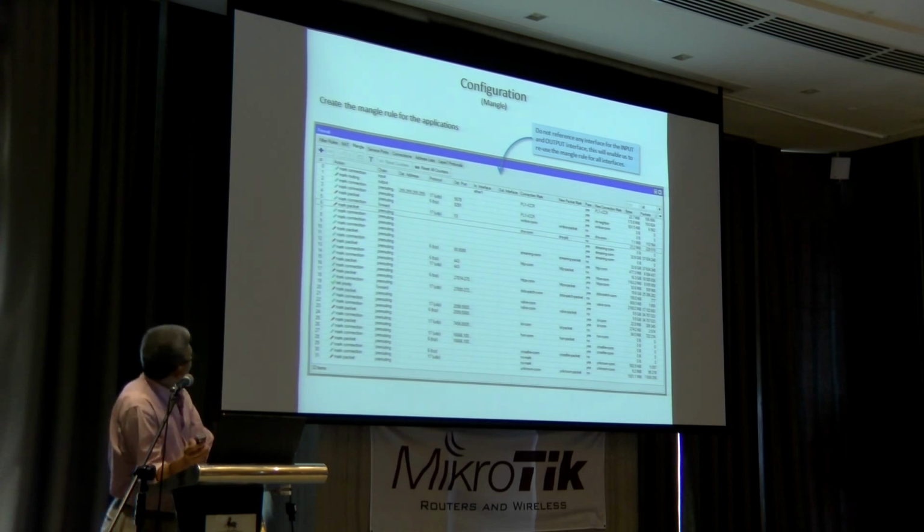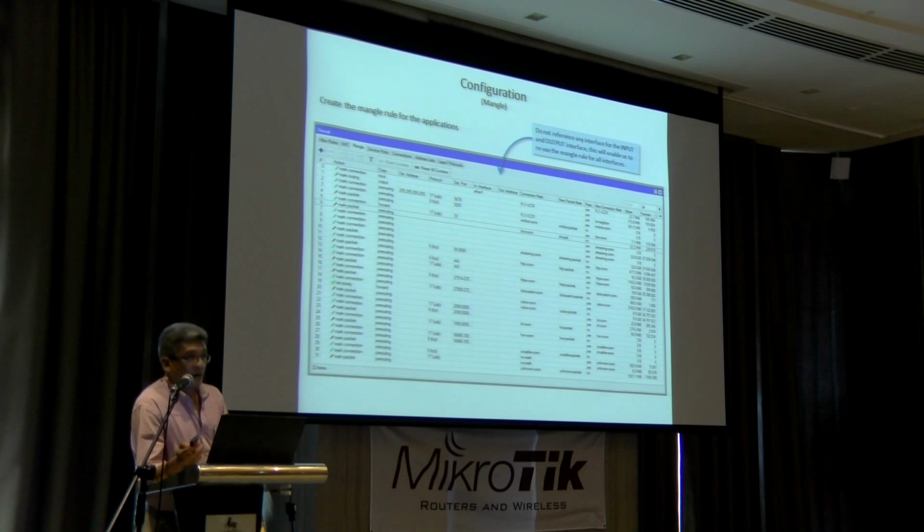If you have rule number 11 and 12, and I put an interface in the input and output interface, that particular rule will only apply if the traffic is coming in and out of that particular interface. Okay? So we are trying to avoid any reference of a physical interface here. So you'll just create the Mangle rule with no reference at all, except the port and the destination or whatever parameters that you need.